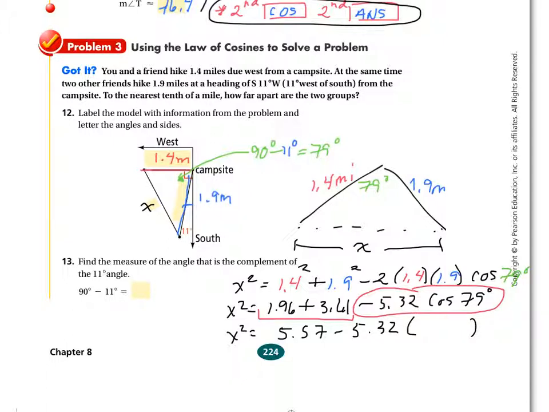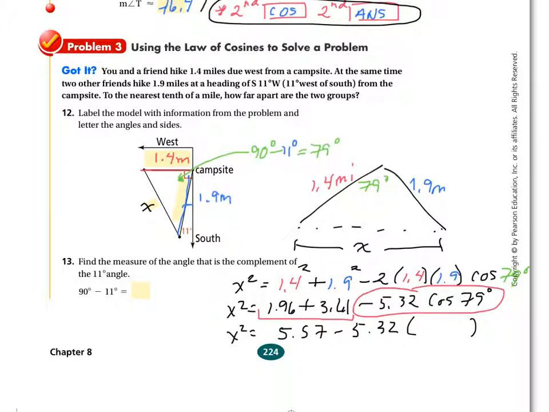So here's where on your calculator you can put, if you're using the graphing calculator, you can put all of this in there exactly as you see. So long as you're putting parentheses around that 79, you're good. So you can put it in exactly as you see. But if you're using a scientific calculator, you probably want to find the cosine of 79 degrees first, then multiply it by negative 5.32, and then add these two values to it.